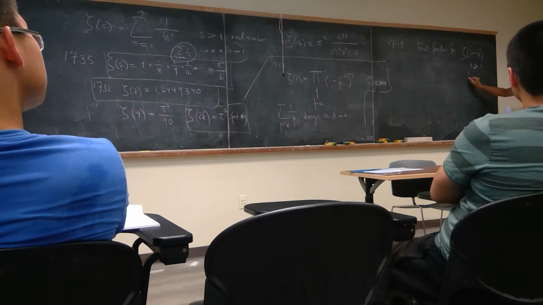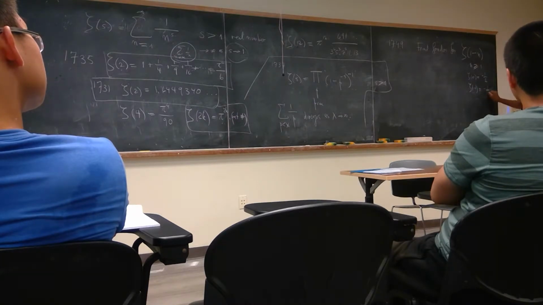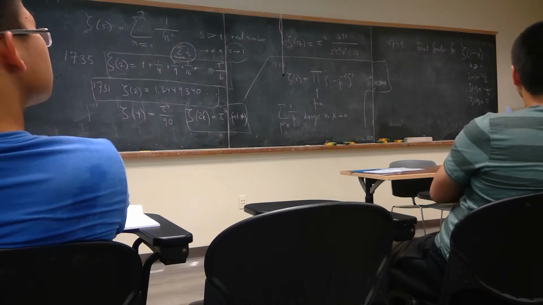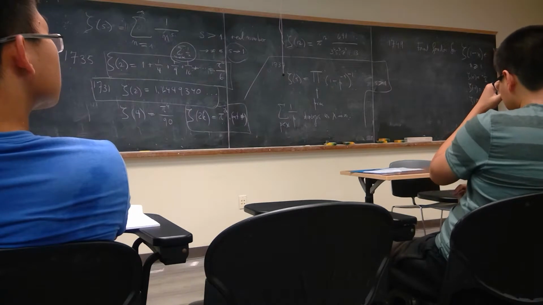So zeta of 0, for example, was minus a half. And zeta of minus 1 was minus a twelfth. And zeta of minus 2 was 0. And on and on. He found formulas for this, and he found that they were always rational numbers.